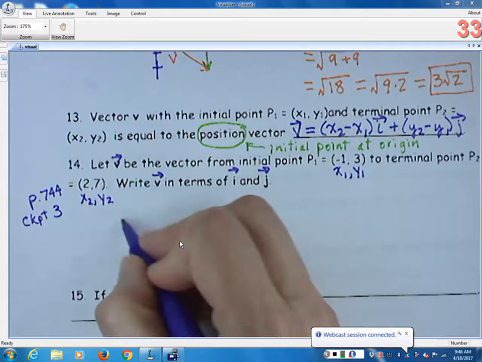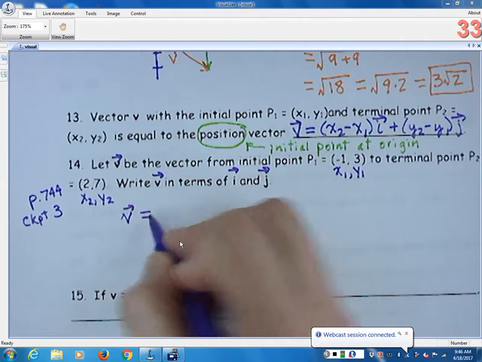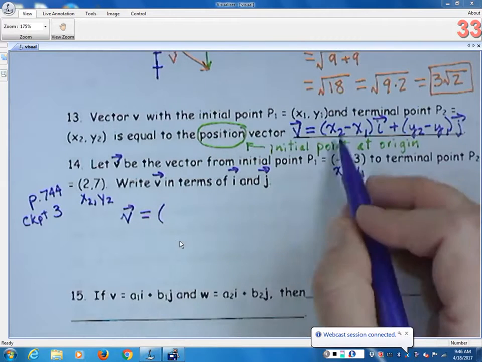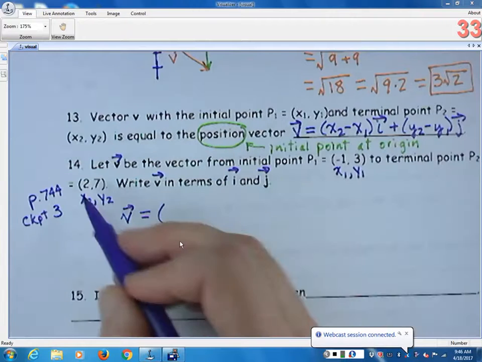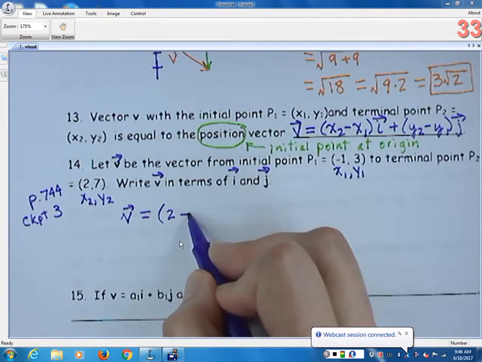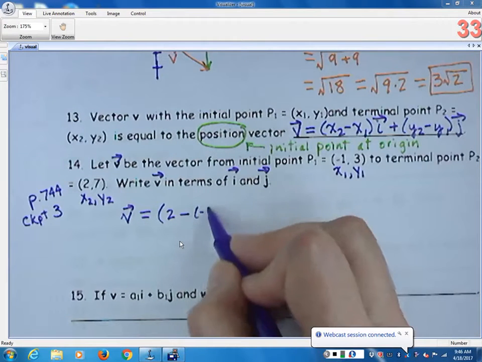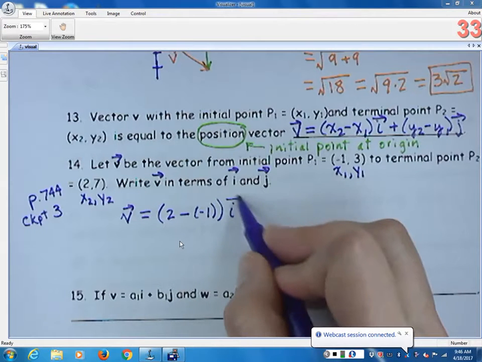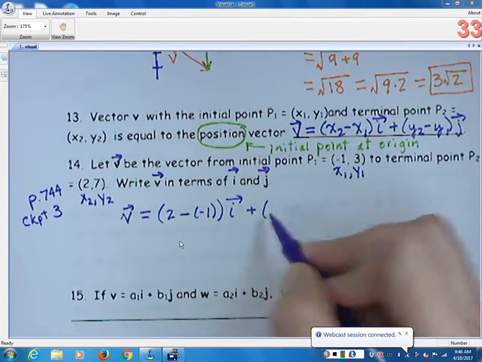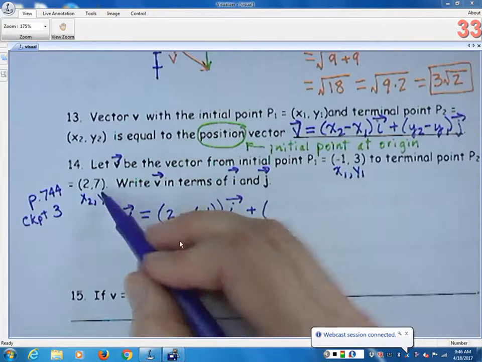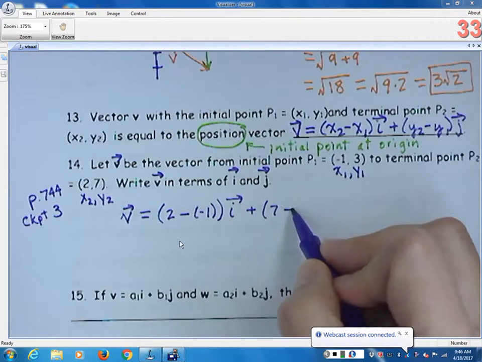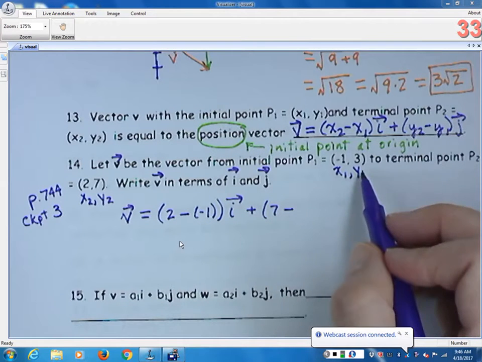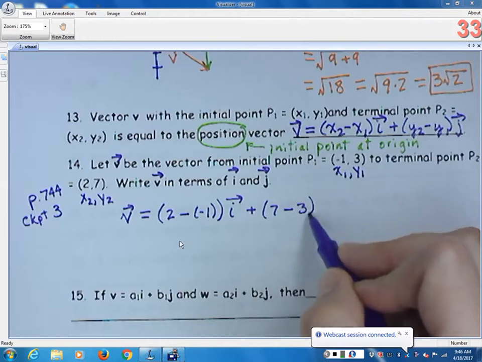So v equals x2 minus x1, that's 2 minus a negative 1, i, plus 7 minus 3, j.